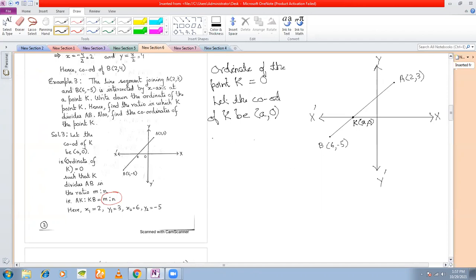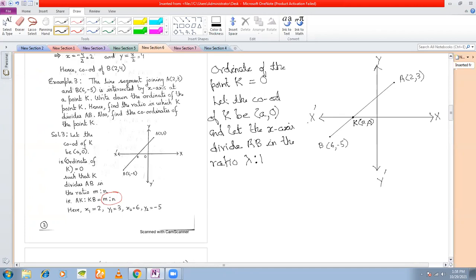Okay, and let the x-axis divide AB in the ratio, let's say lambda is to 1.